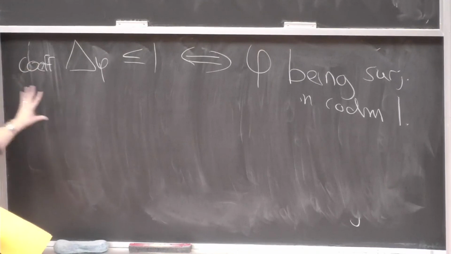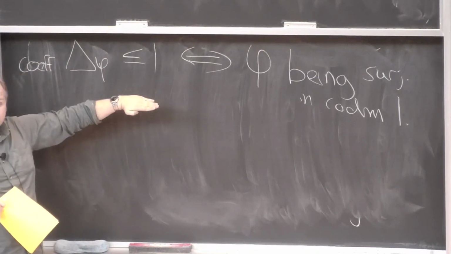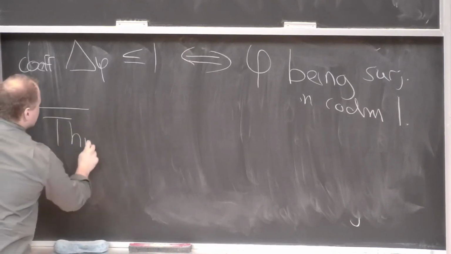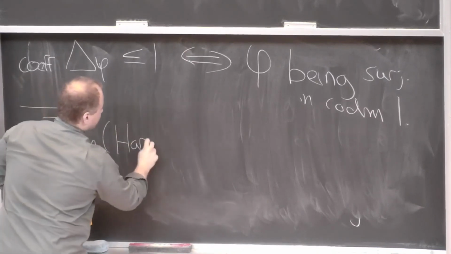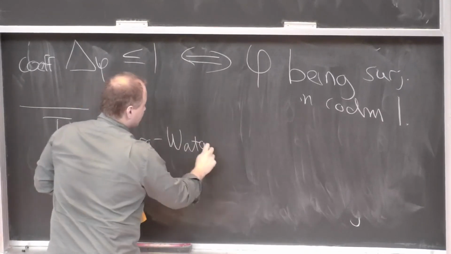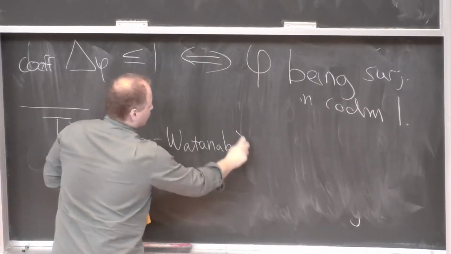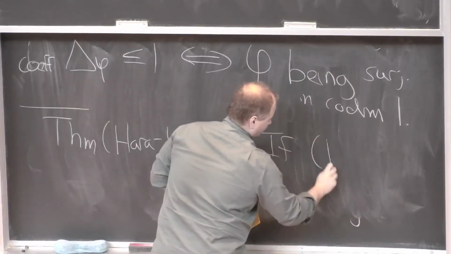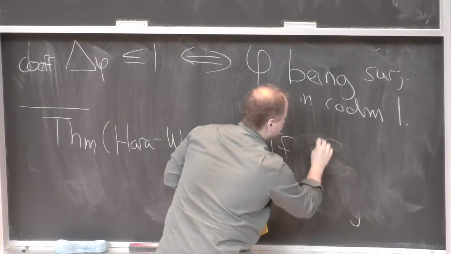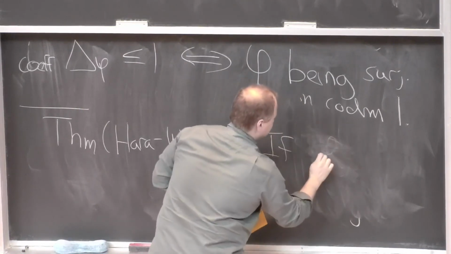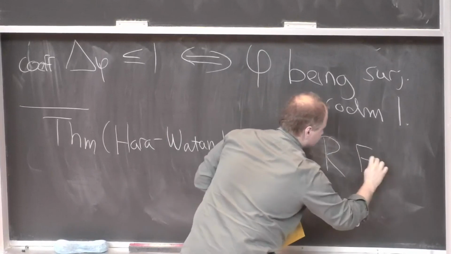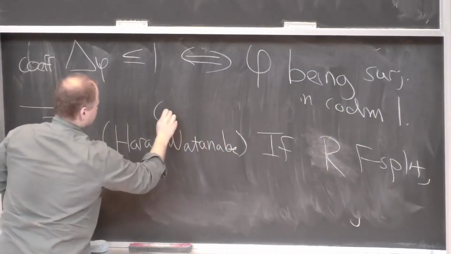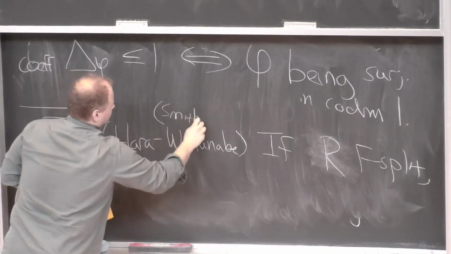But if you follow this line of reasoning just a little bit further, if you stare at it for just a couple minutes more, you deduce this theorem, which was originally proved by Hara and Watanabe, and I should also say Smith.